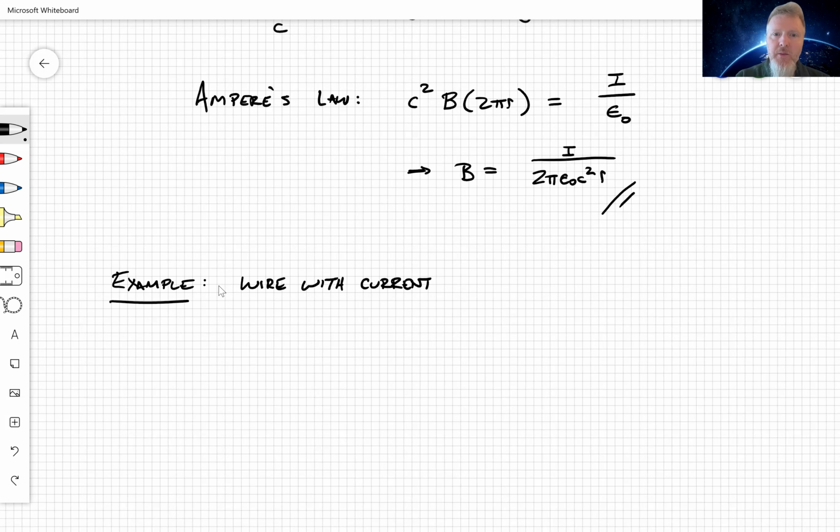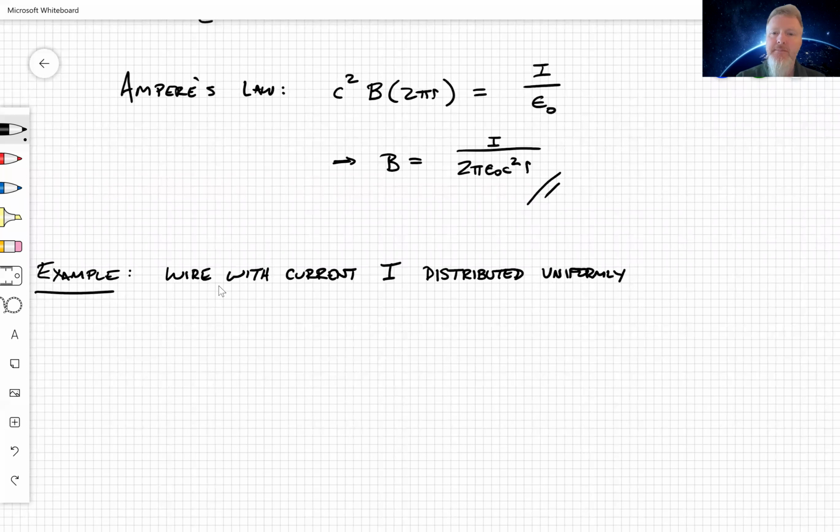Now I'm going to have a wire with current I distributed uniformly on the area.